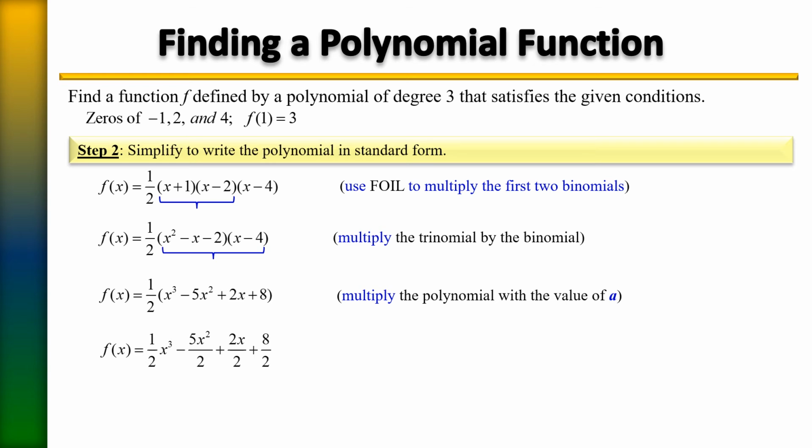Simplify everything that can be simplified, and we are left with our polynomial in standard form, which is f of x equals 1/2 x to the third power minus 5/2 x squared plus x plus 4. And there you have it.